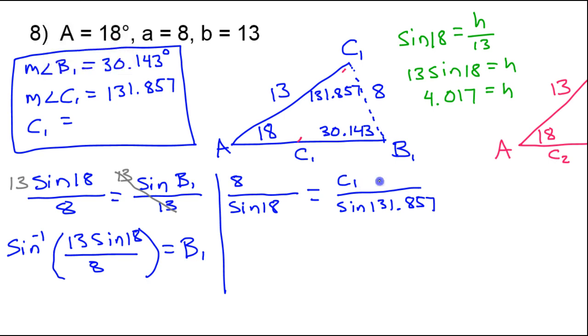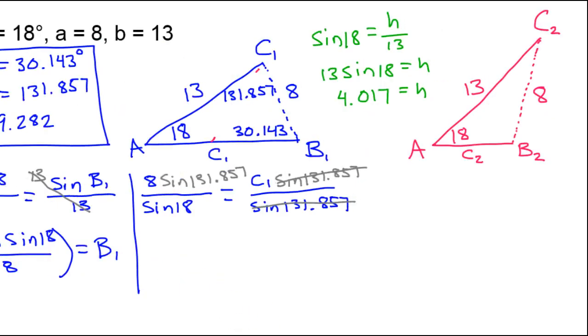To get C1 by itself, I need to multiply both sides by the sine of 131.857. That way these will cancel each other out, and this should give me the length of C1. So go ahead and just put all of this in your calculator at once. That's giving me 19.282. So there we have solved the blue triangle.